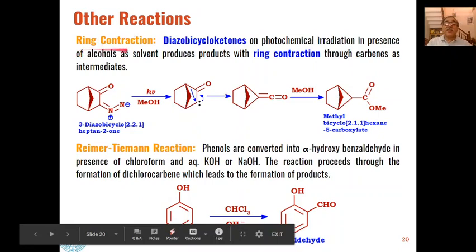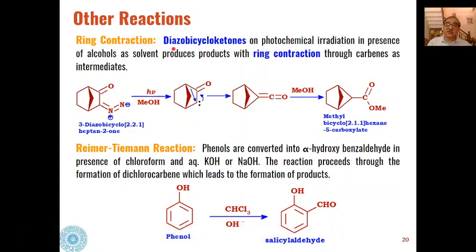Then one example of ring contraction reaction also.